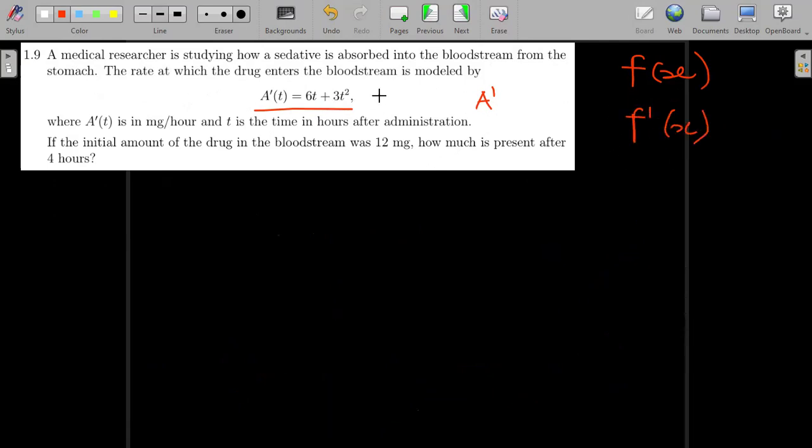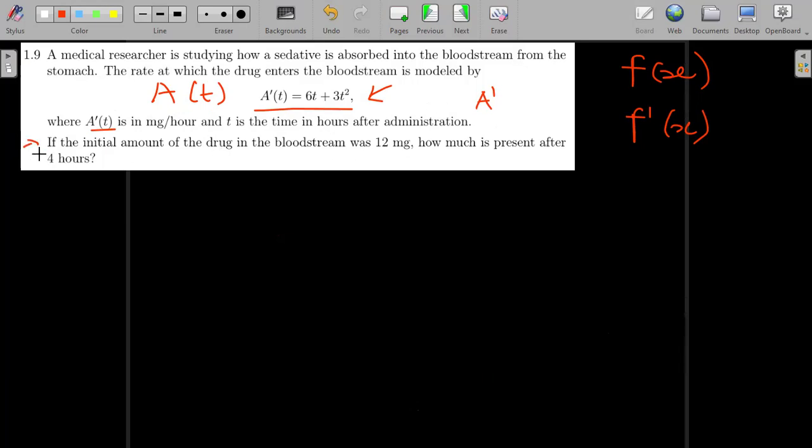So it means this one is a derivative of a certain function, which is what? A of t. Here they're even telling you that A prime of t is milligrams per hour, and t is the time in hours after the administration of this drug that enters the bloodstream.